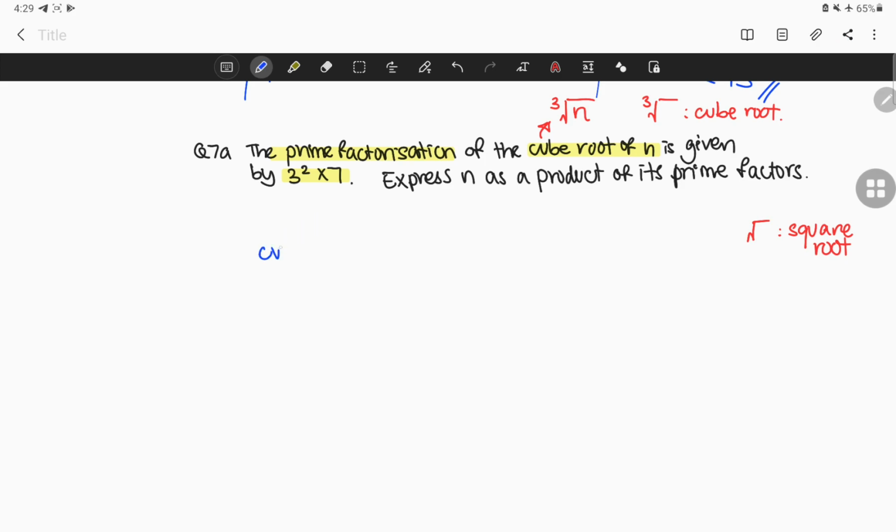So you know that the cube root of n is equal to 3 squared multiplied by 7. And you're supposed to find n. What is n equal to?